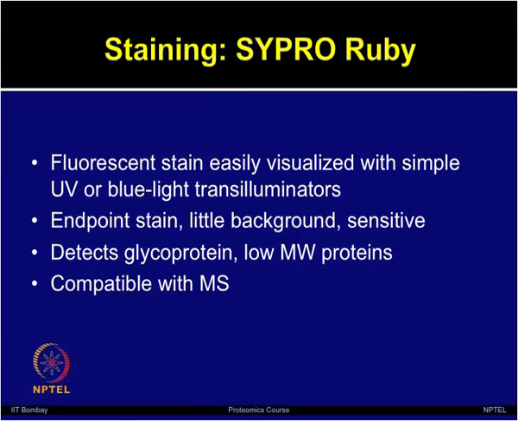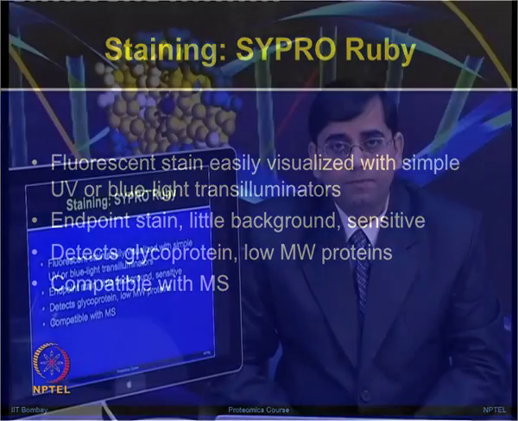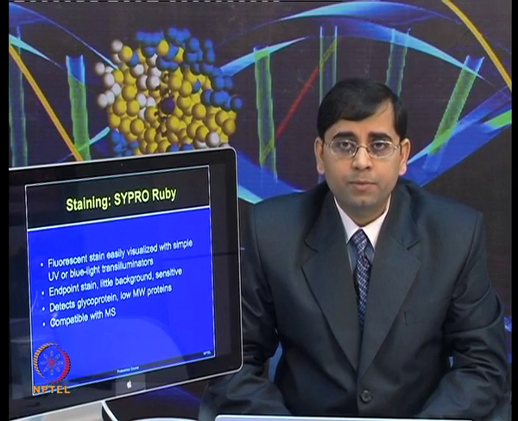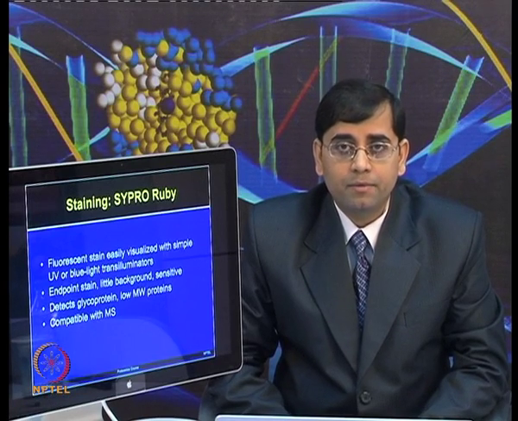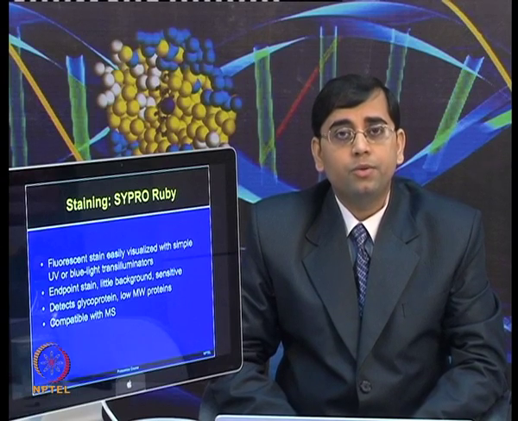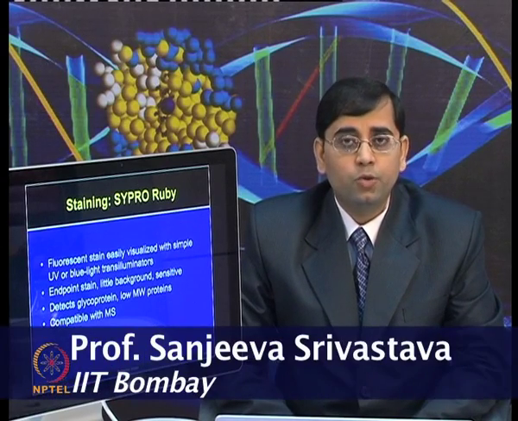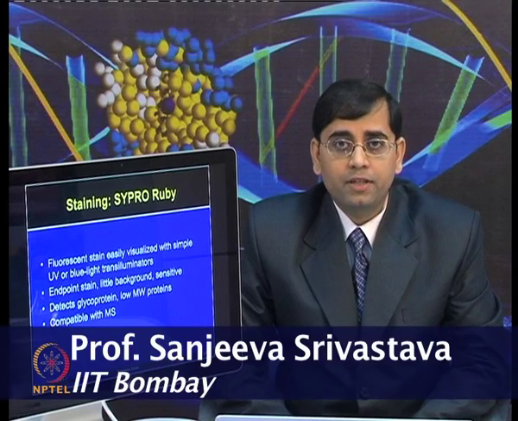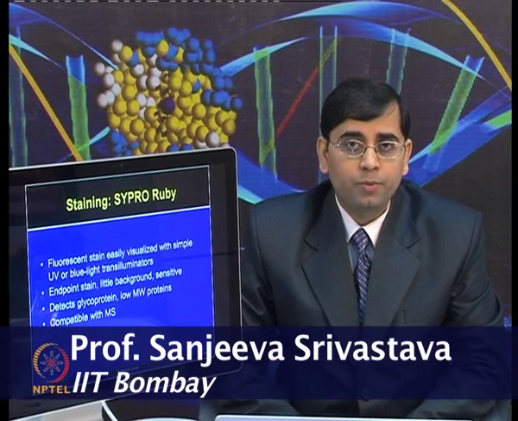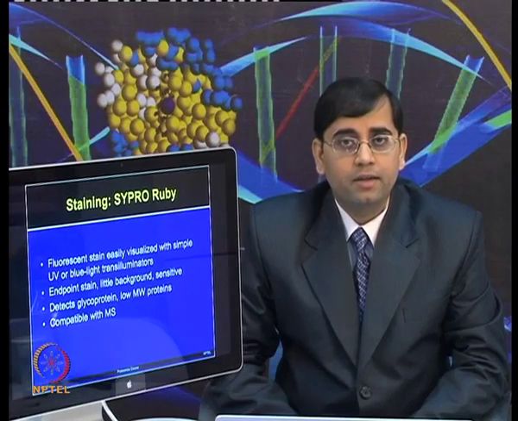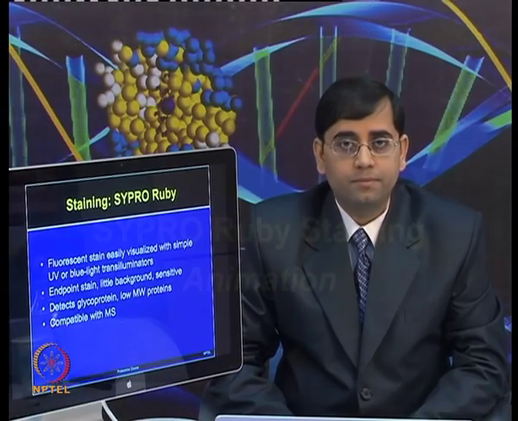So, SYPRO Ruby is a very useful stain which is very compatible with further processing by mass spectrometry. If you want to separate the proteins and visualize them, your end aim is to characterize those proteins, find out what they are, and further do experiments on them. In that light, SYPRO Ruby is very compatible with mass spectrometry, and you can further characterize your proteins.